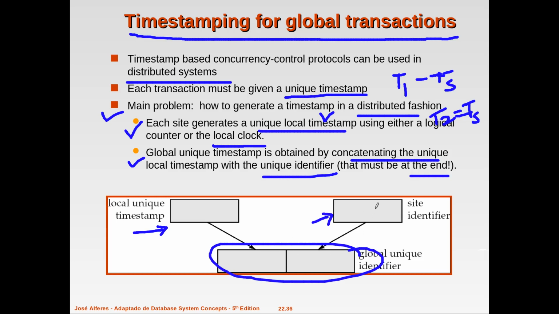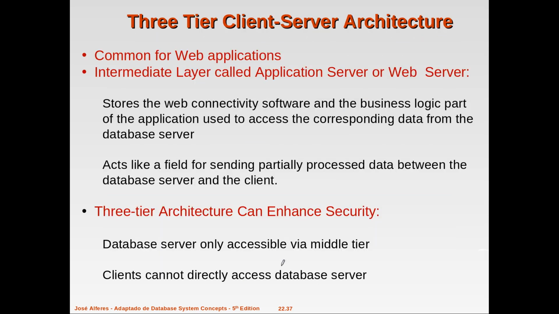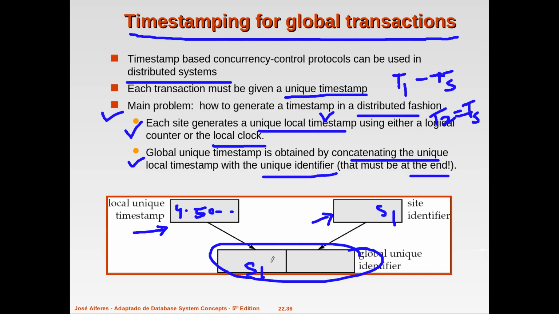For example, if the site identifier is S1 and the timestamp is like 9.50, the global unique identifier will be like S1.9.50. So we get a global timestamp.